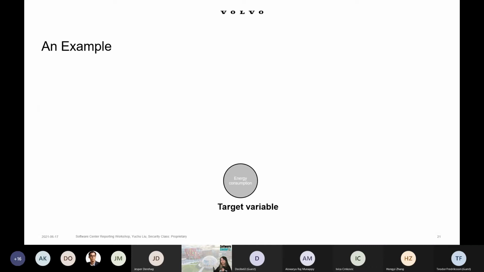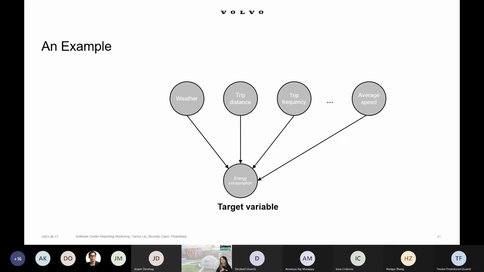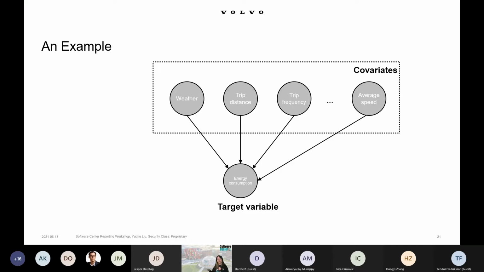So let's run an example that is a little bit more relatable in the vehicle setting. Let's imagine you have a battery electric vehicle. To stay competitive, you would like to have high energy efficiency, and that is your target variable. What influences it, besides the software and the hardware, is, for instance, the weather, trip distance, trip frequency, average speed, and so on and so forth. We call these covariates.